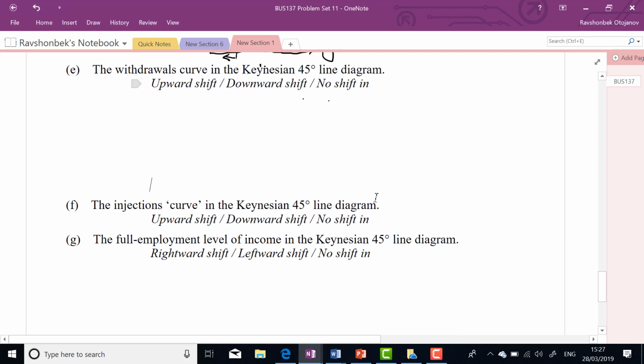And how about the withdrawals and injections curves? What happens to them? These are part of aggregate demand, so nothing changes. No withdrawals, no injections change. There is no shift there. You could say, oh, how about, let's say, injections may change because investment increases, yeah?